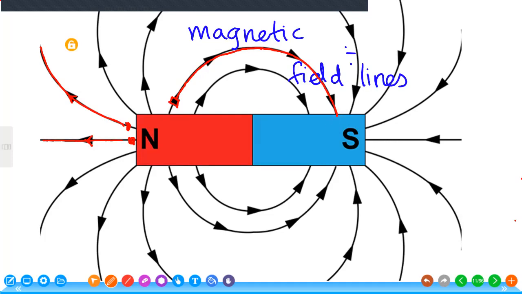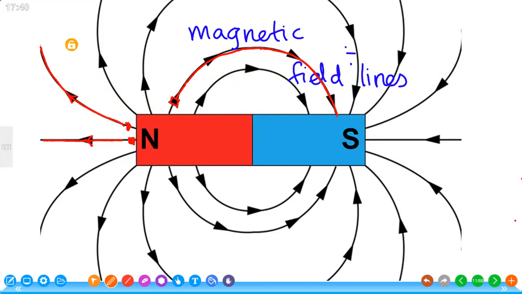Therefore, just remember, we define these magnetic field lines as the path taken by a small north pole kept near the north pole of the given magnet. Right? Therefore, when we keep this small north pole in different locations closer to the North Pole, it may travel in different pathways.